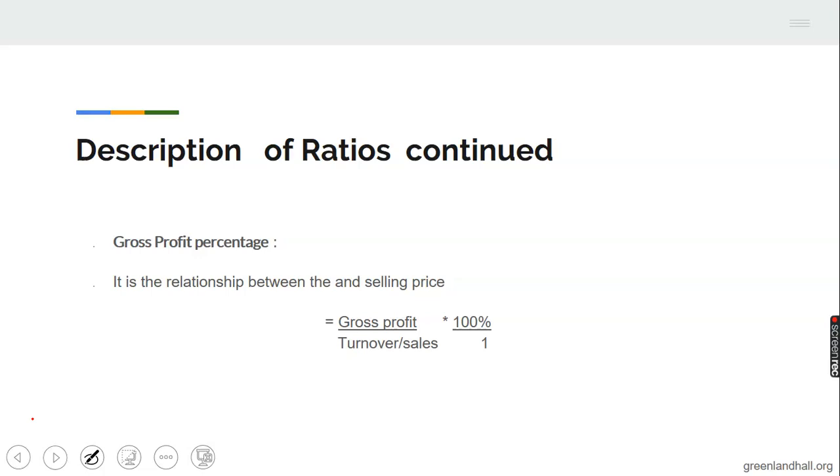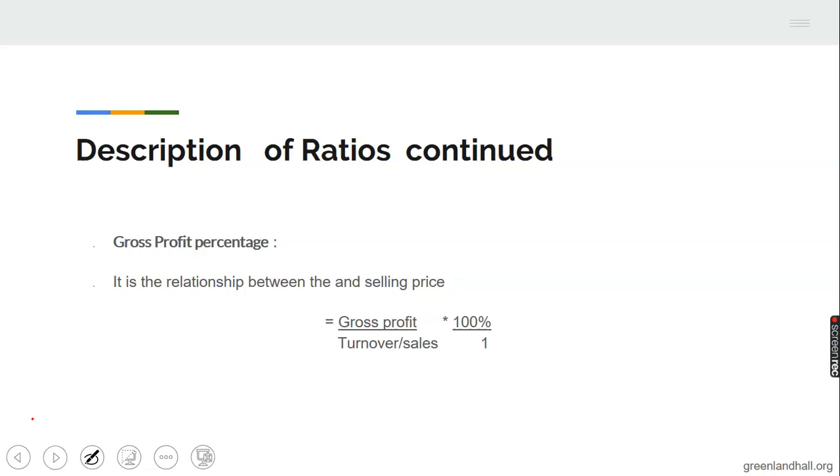Gross profit percentage. The next one we are looking at is the gross profit percentage. We've discussed the gross profit, and we said that gross profit is determined by subtracting the cost of goods sold from sales.